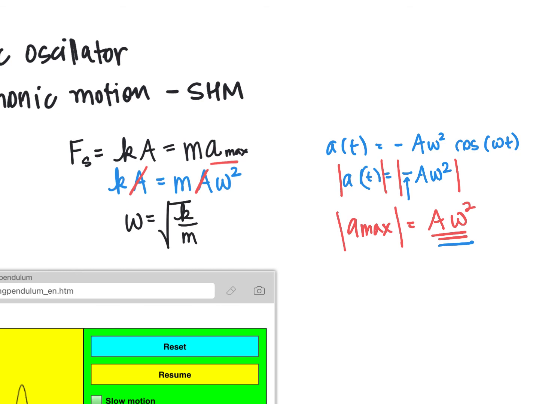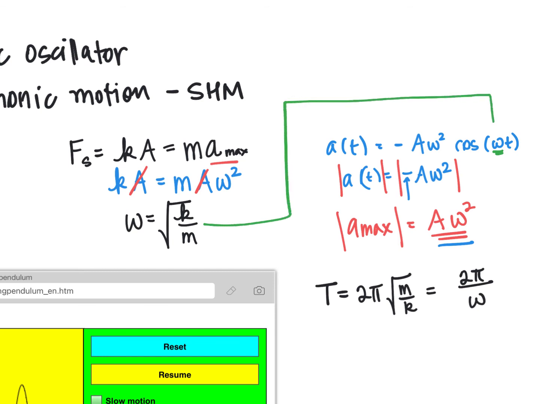And that should look a little bit familiar because we know from our lab that the period is 2 pi root m over k, which would mean that the period is equal to 2 pi over omega. So just like before, the angular frequency described by our cosine or sine function is this root k over m for a spring oscillator.